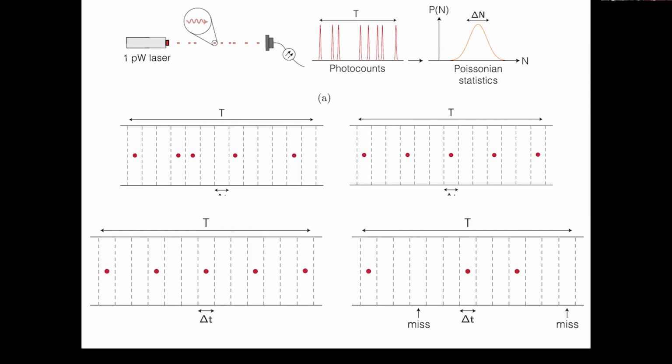If you have a sub-Poissonian light source like this, and you have imperfect detectors, bad detectors, then this anti-bunched light can also appear bunched, because some of the time you will miss a detection. So you need very high efficiency detectors to really see this kind of light.